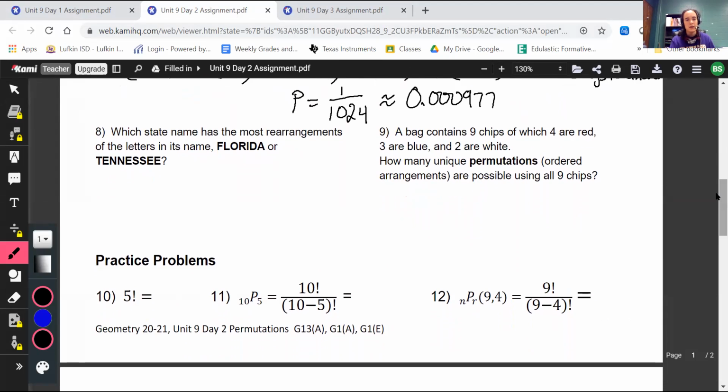So we need to find our rearrangements for Florida and for Tennessee.